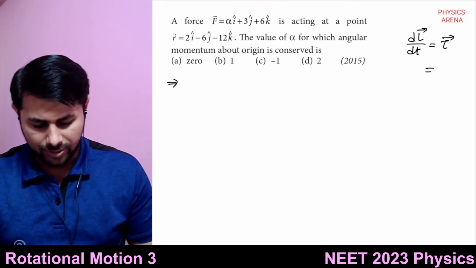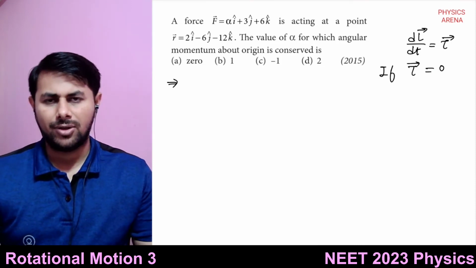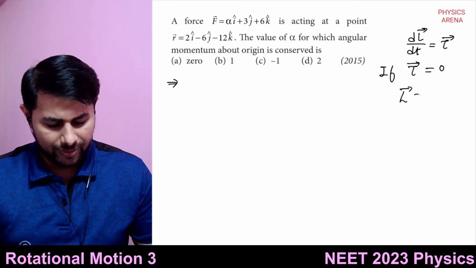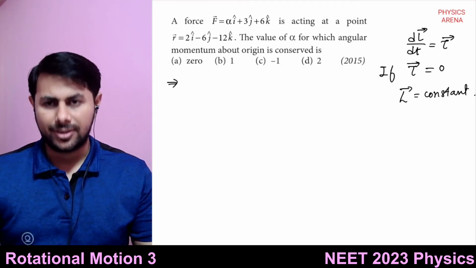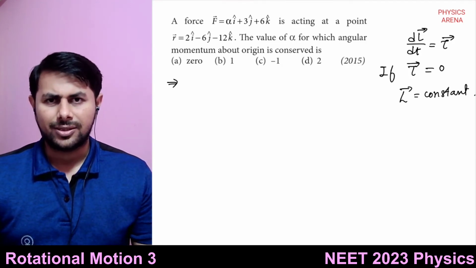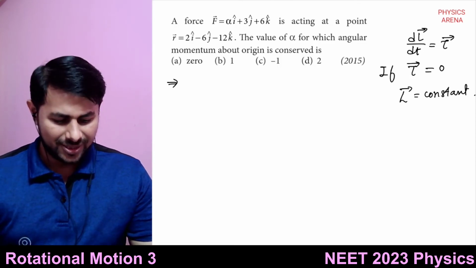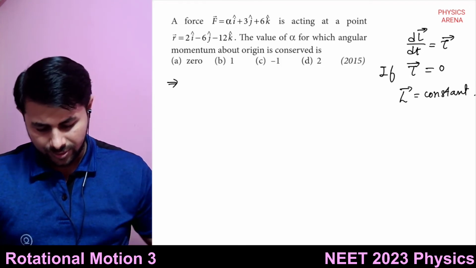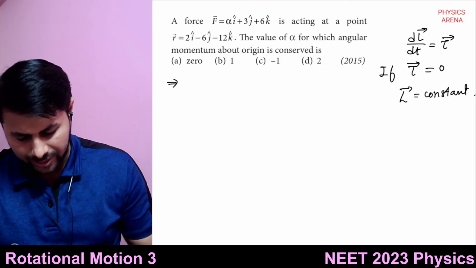So if torque is equal to 0, angular momentum L bar will be constant, that means it will remain conserved. Just like when force is 0, momentum remains conserved, if torque is 0, angular momentum remains conserved.